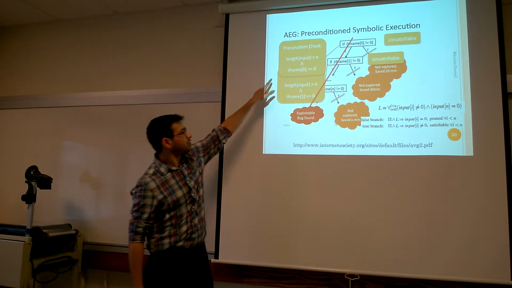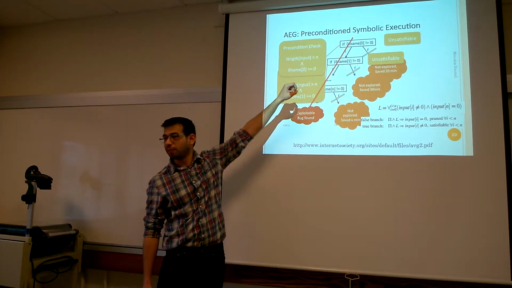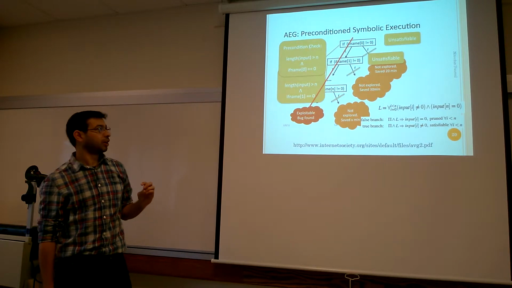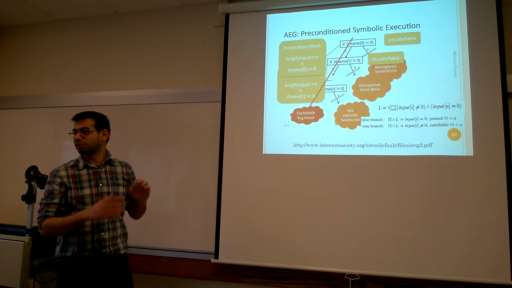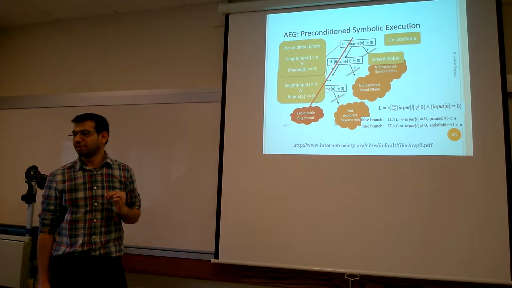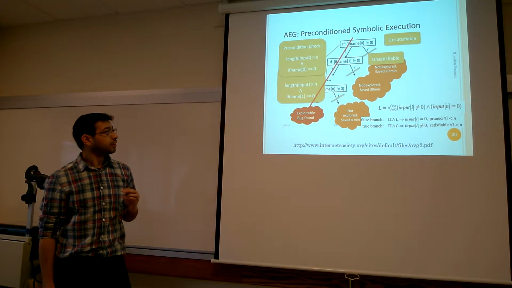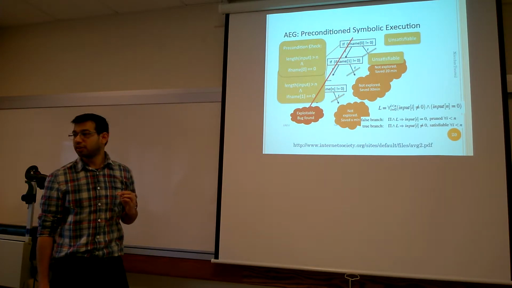So this corresponds to that unsatisfiable path. It was just spatially written. If you look at it, length greater than n and length equals 0 are contradictory.